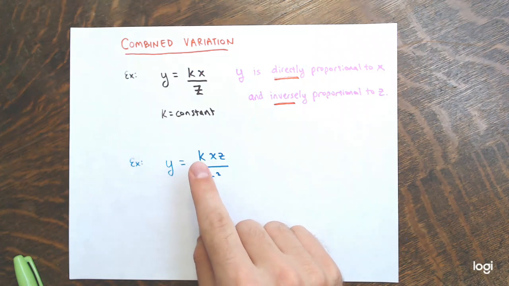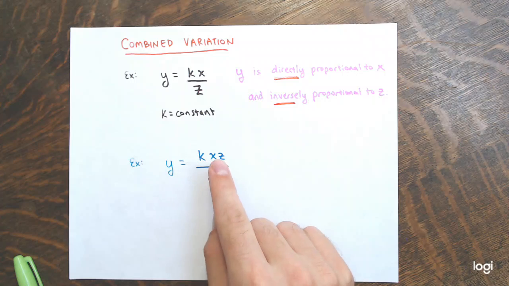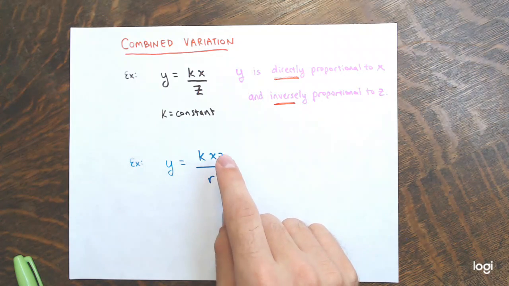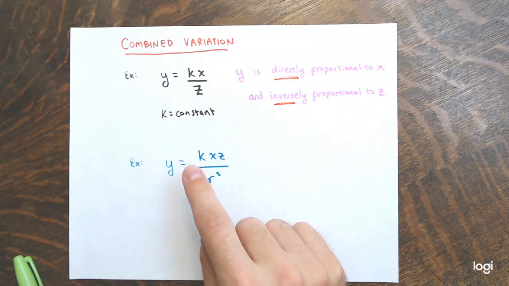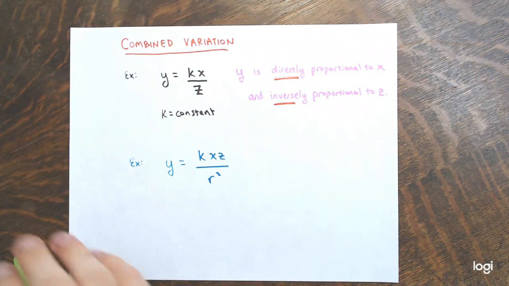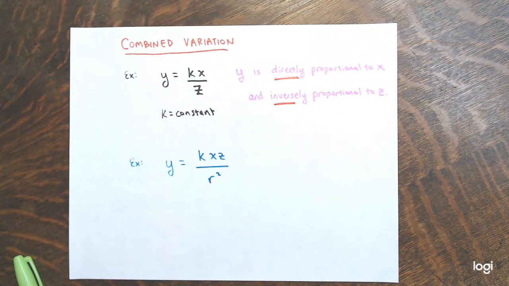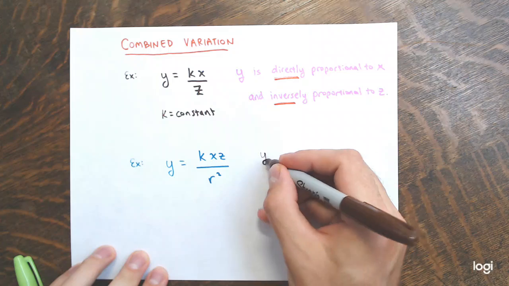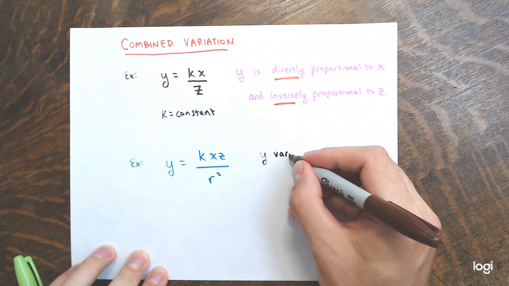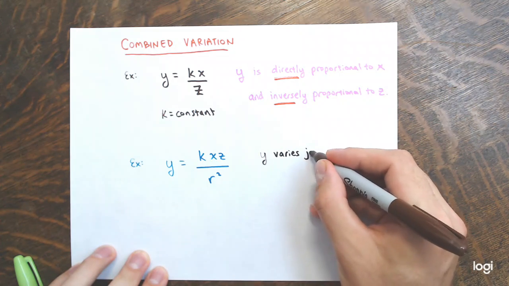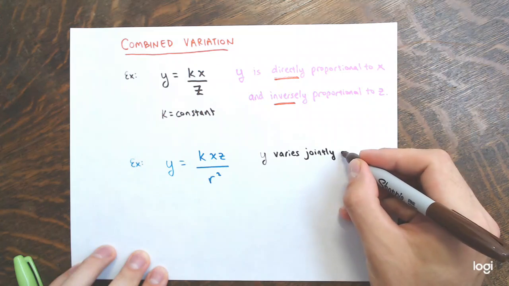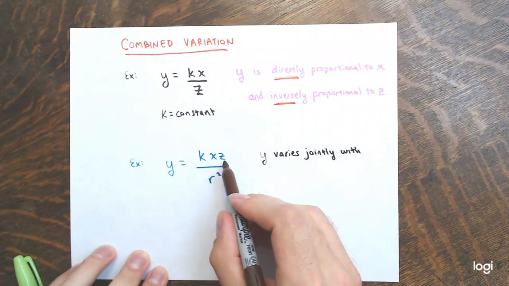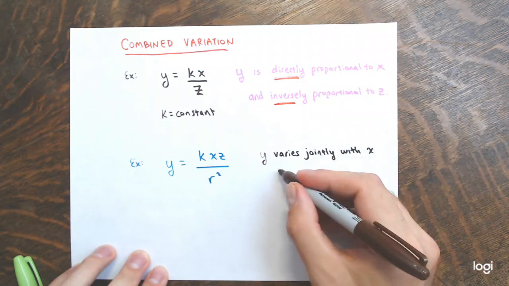You have a constant times the product of two variables, two quantities. So this is what we just saw earlier in this video, that's joint variation. So in this example, y varies jointly with the product of x and z, right? With x and z.